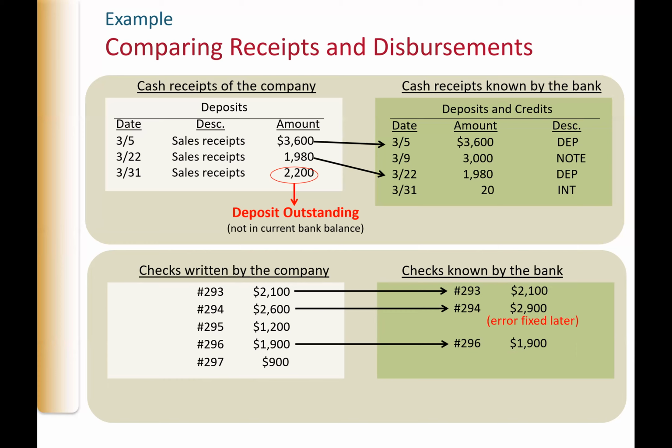And then check 296 for 1,900 cleared the bank. But we've got two checks here that are still outstanding. Number 295 for 1,200 and check number 297 did not clear the bank yet. So we're going to have to reconcile those.